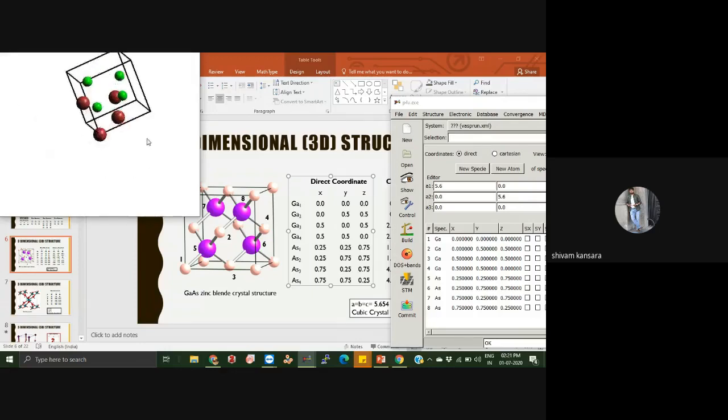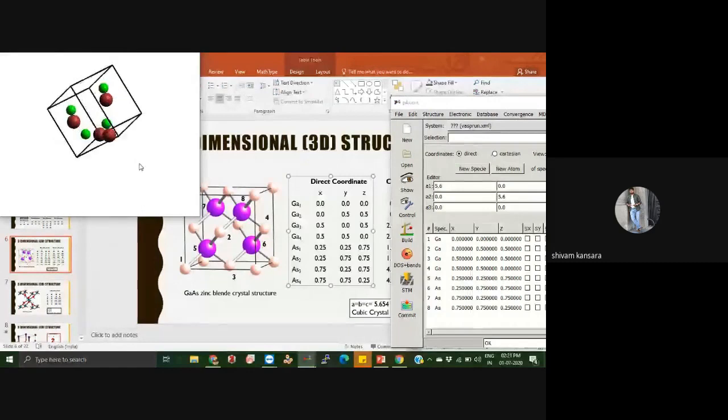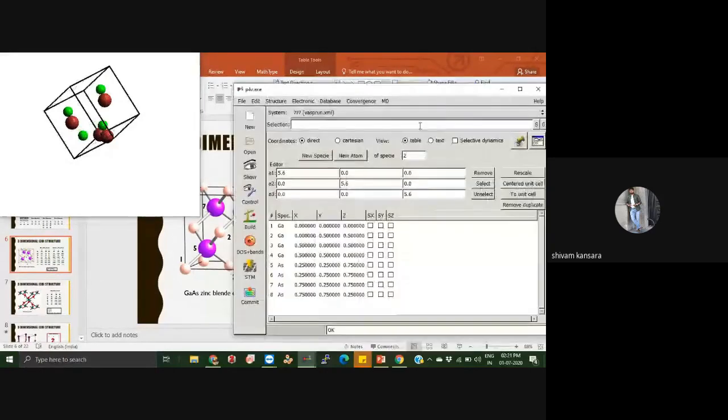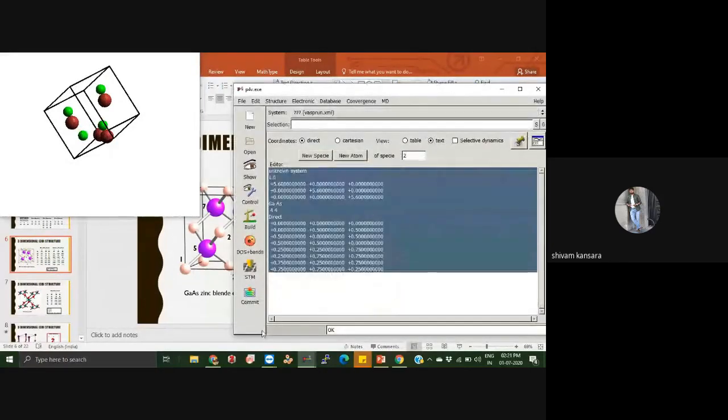Now if you wish to visualize as I showed in the PPT, let's copy this coordinate, copy.